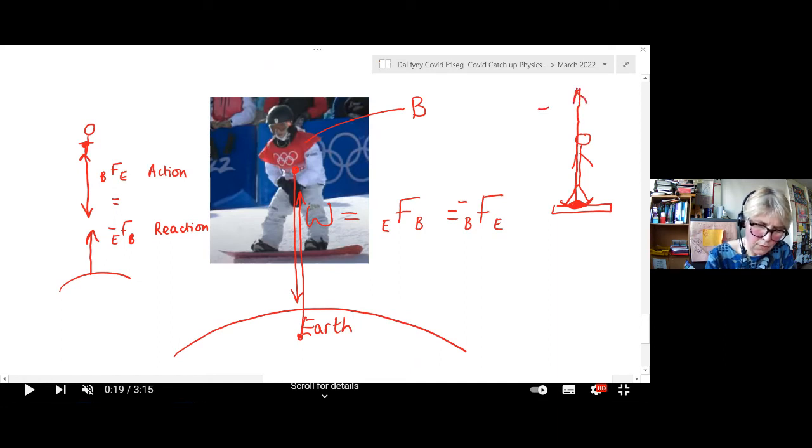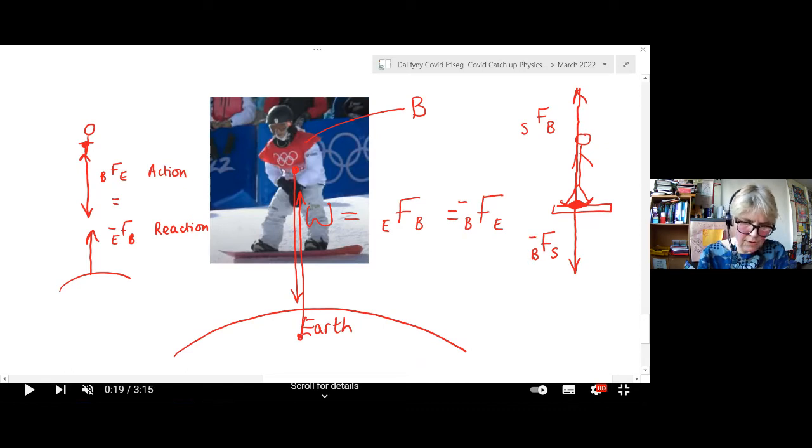So that is the force of the snowboard onto his feet or the body. And the equal and opposite reaction to that would be the force of his feet, of his body, back onto the snowboard, and it will be in the opposite direction.